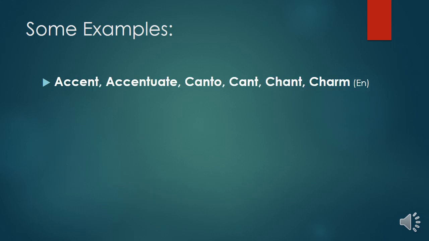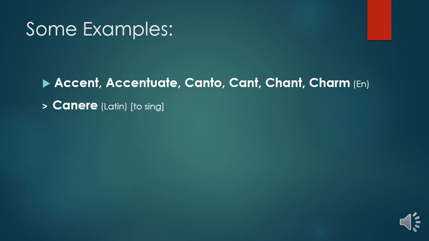Now we consider the origin of accent, accentuate, canto, cant, chant, and charm, which is canere in Latin, that means to sing. To sing in Persian means khandan, which also means to read.